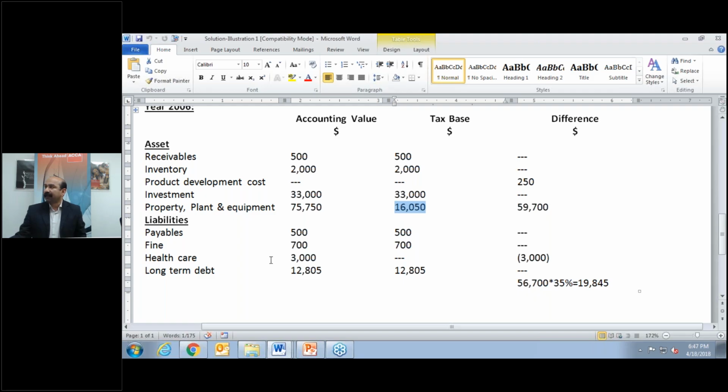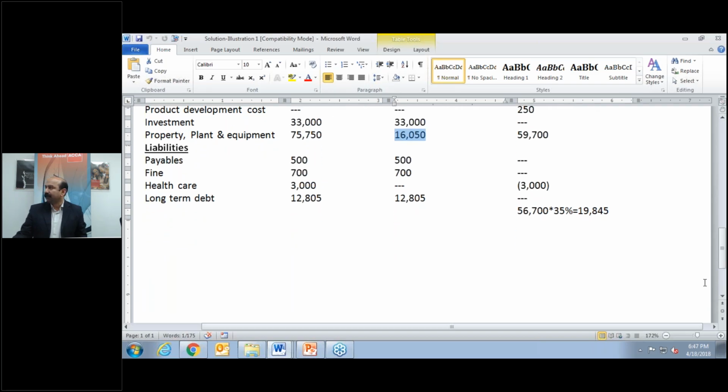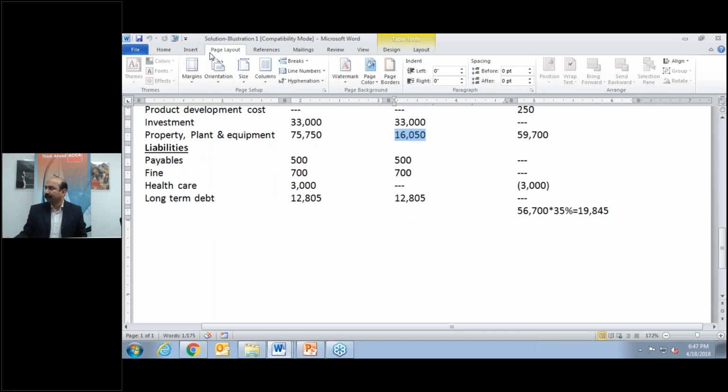And here again, healthcare is being allowed on a cash basis, so tax base 0. Fines and penalties are not allowed, so straight away this is a permanent difference. Its tax base will be equal to its carrying value, so this will give us 0. This is the way we can do it with the balance sheet. Okay, now come back to our slides.